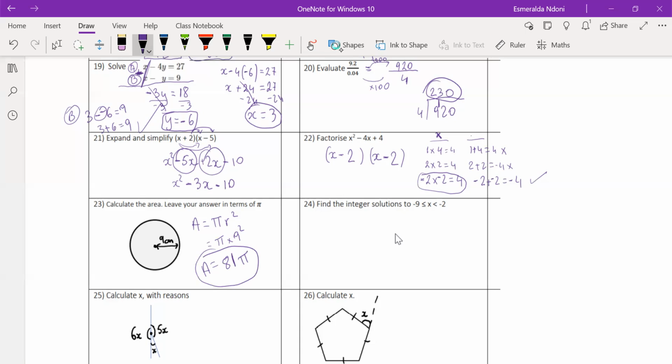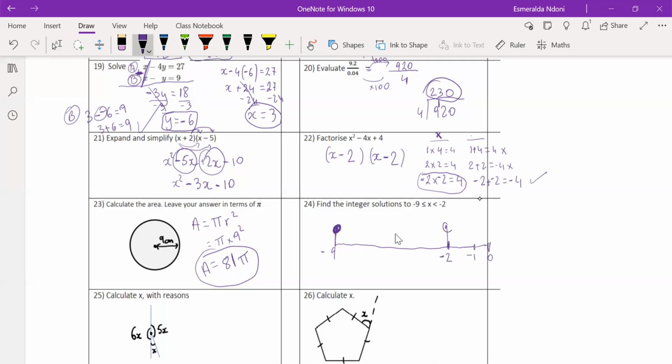Question 24. Find the solutions for this inequality. We know now how we work these questions out. We have a -9, and that is included because of this line that you see underneath there. And then we have here a -2. So this will be -1, and then it will be 0, and so on.